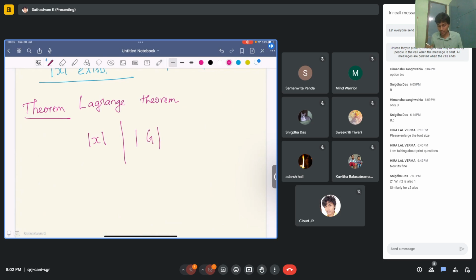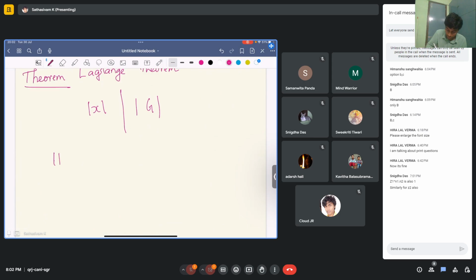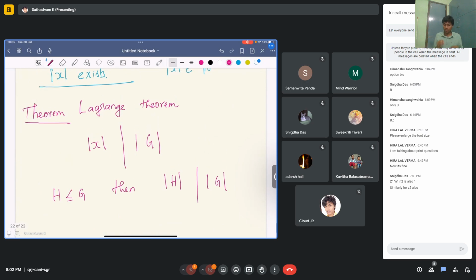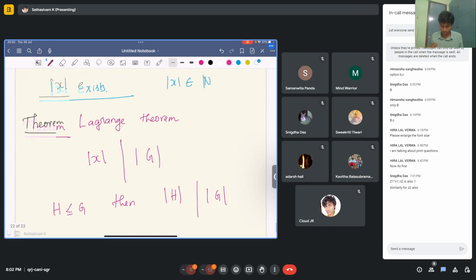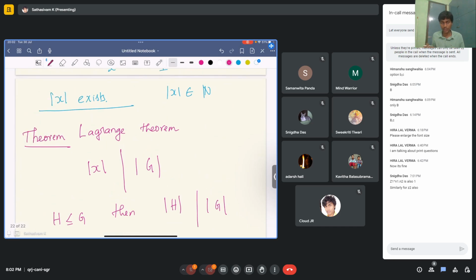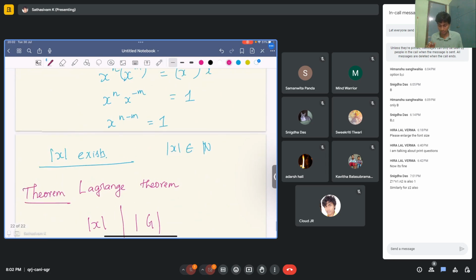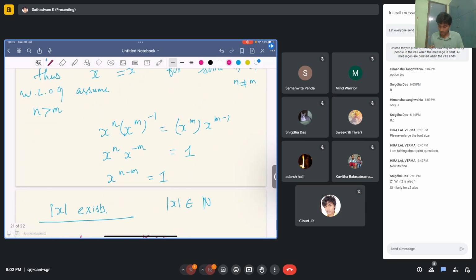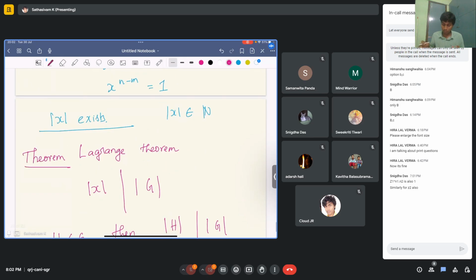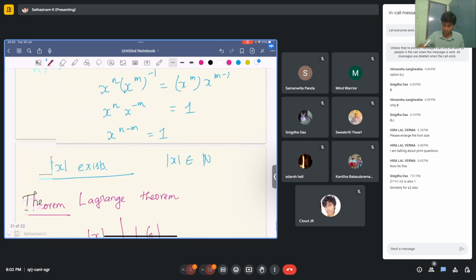In fact, it says something more: if H is a subgroup of G, then the order of H divides the order of G. So there is a relation between the order of an element and the order of the group. Anyway, this will come later. It's one of the main theorems of this course, and it will be useful almost everywhere, at least in the first course. I just want to motivate that. It will not come anytime soon.